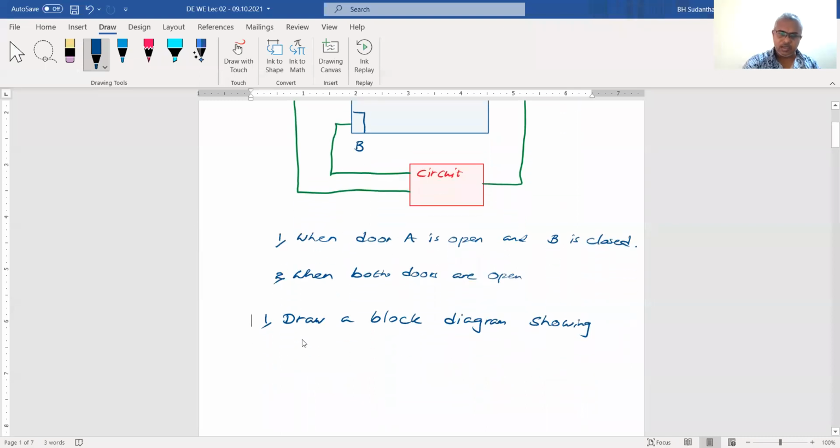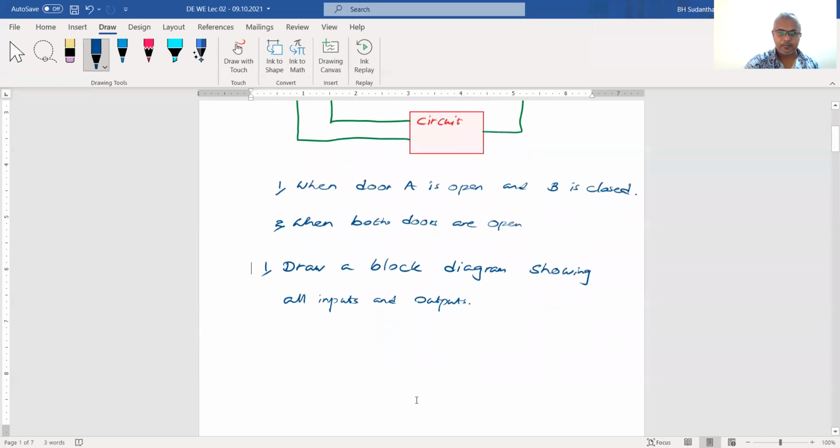You might think that this is not a necessary step here, but this is essential for any kind of circuit. For a simple one it's not necessary, but for complicated ones also, if you do it like this, then you will not make any mistakes. Shall I do this one first? This is the first step.